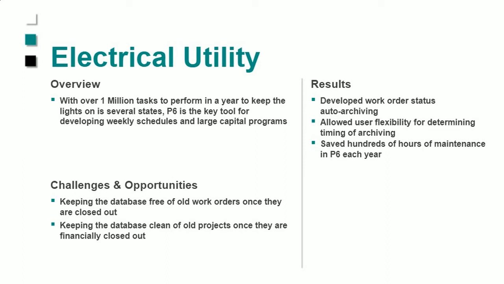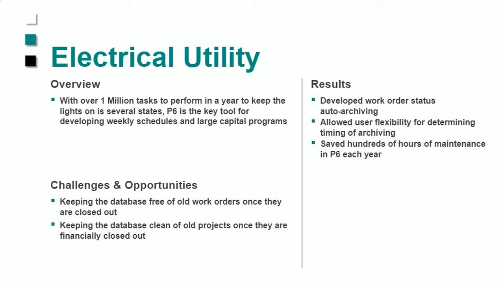It keeps the database clean of extra work orders, which are WBS levels in one case, extra tasks, and also projects. So we actually archive the projects as well. In their scenario, we're using their work order status, which ties to their Maximo system.